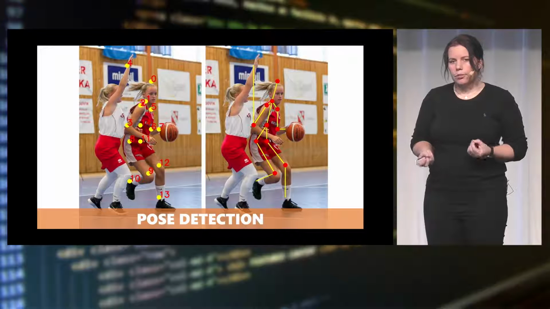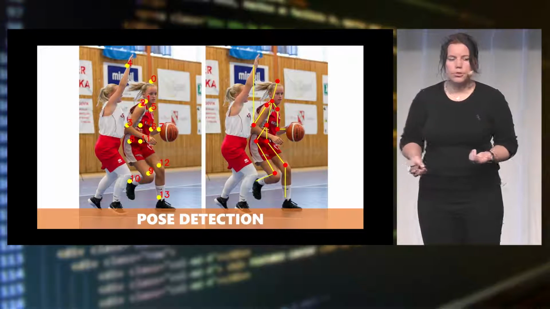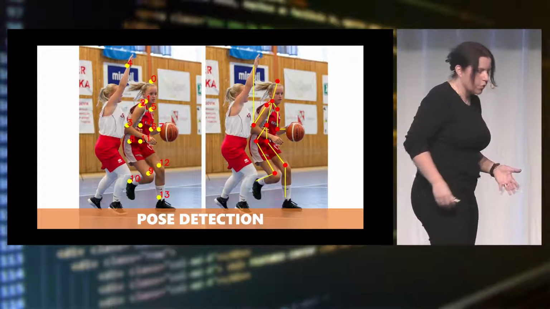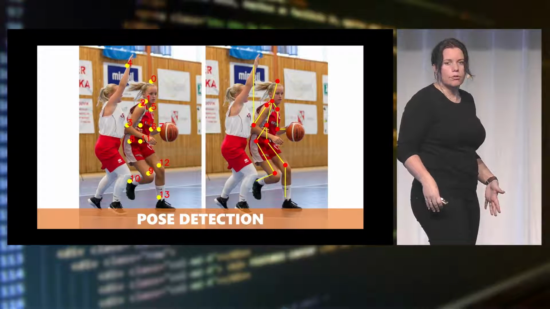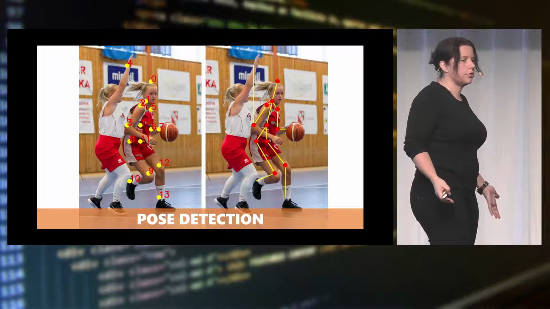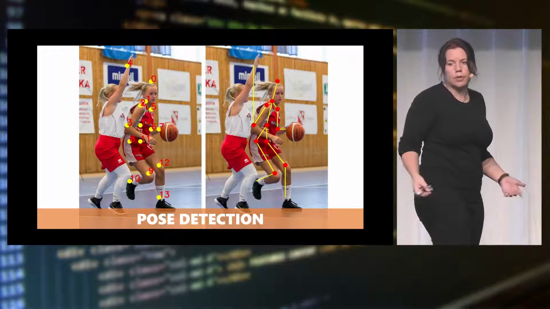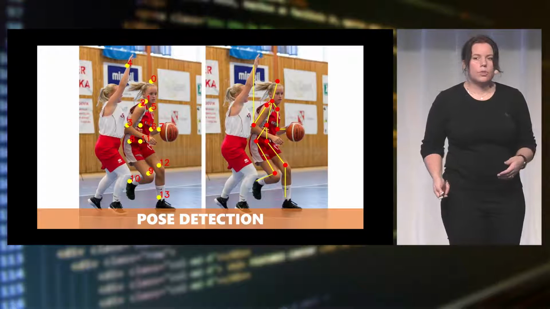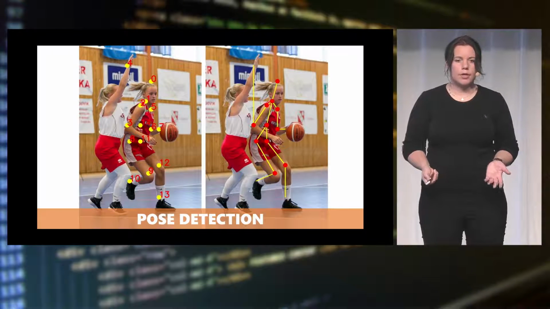However, what we noticed a lot when we tried to do the poses was that most of our players were very small and often in this direction. So it was not very easy for the machine learning models to even pick out the poses of the players. So we scrapped that idea quite fast.